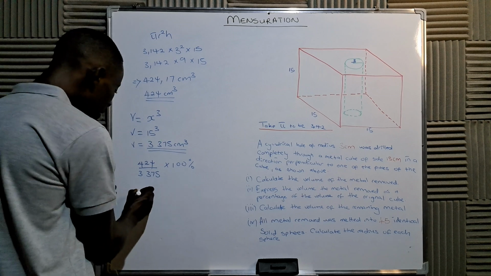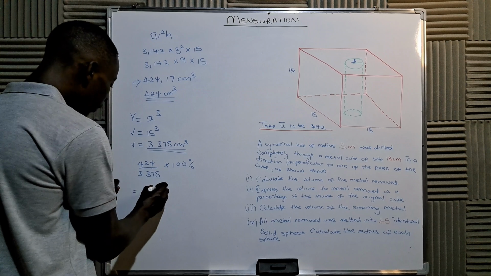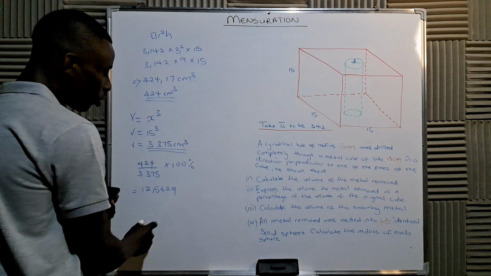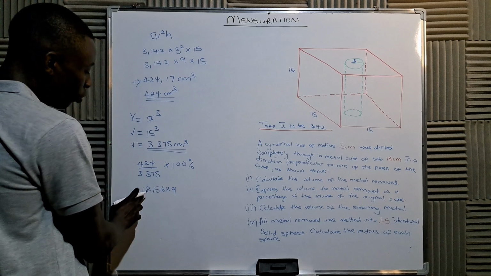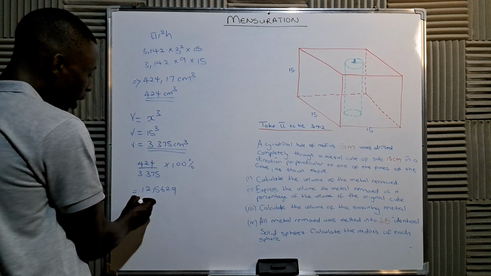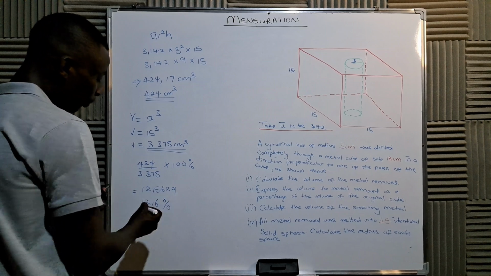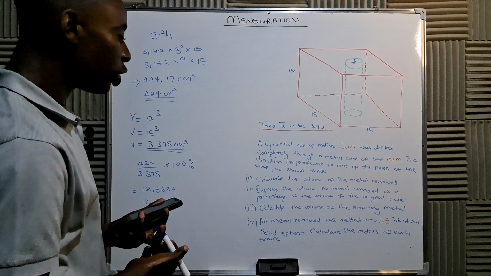So we are getting 12.5629. So rounding off this to 3SF is 1, 2, 3, and it becomes 12.6%. So this is our answer for part 2.